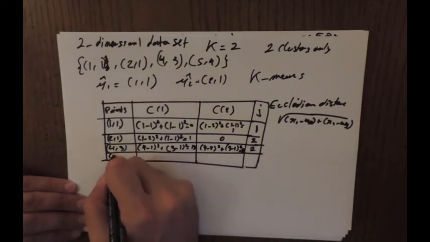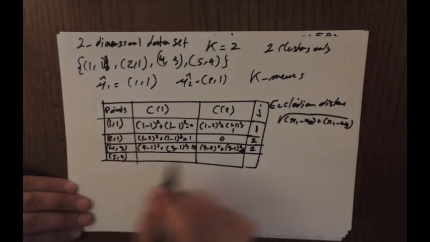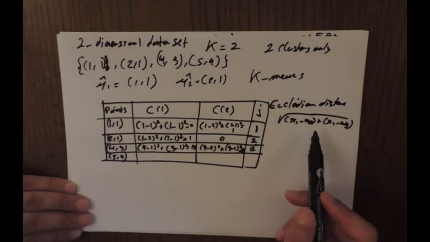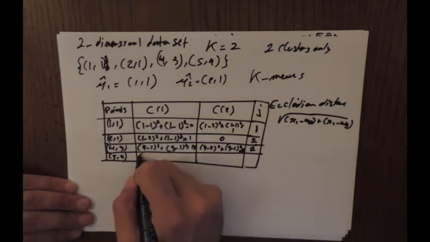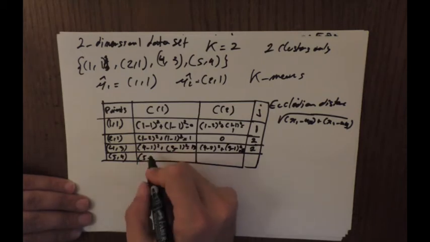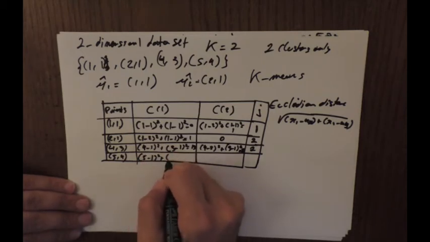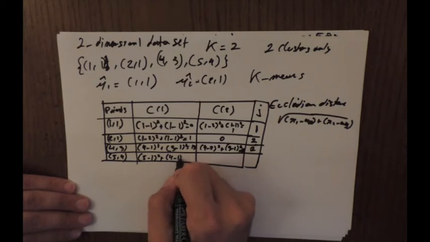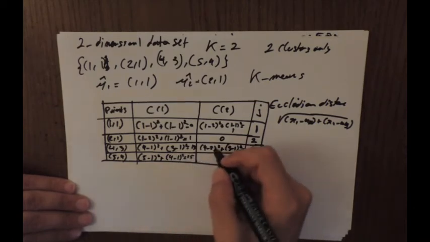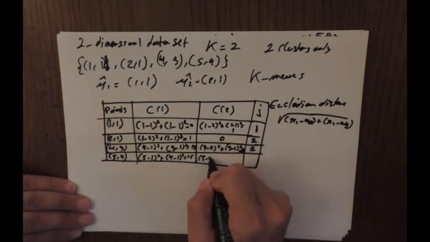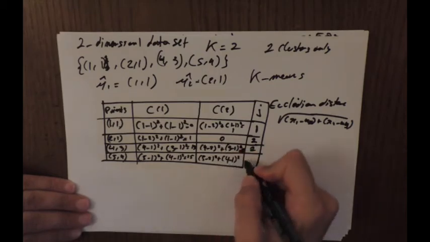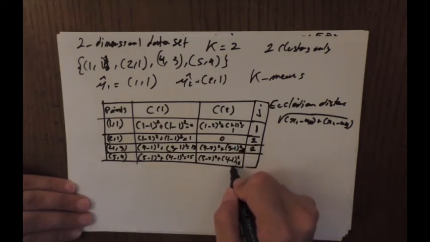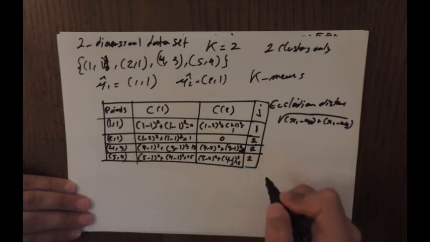And the last point is 5, 4. You notice here I switched x and mu. It doesn't matter because it's squared. 5 minus 1 squared plus 4 minus 1 squared equals 25, and we have here 5 minus 2 squared plus 4 minus 1 squared, which equals 18, and this will be cluster 2.